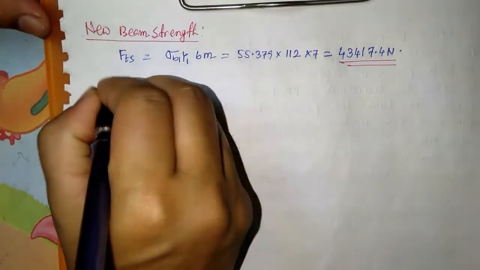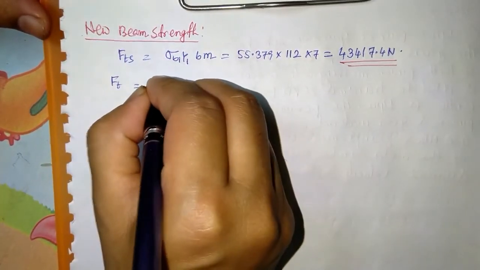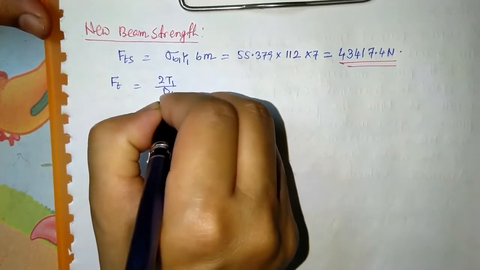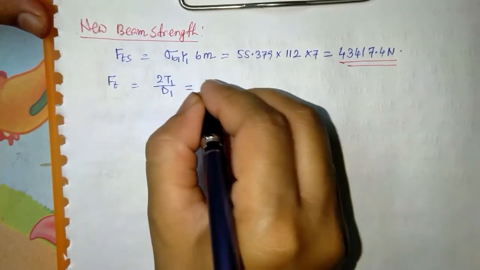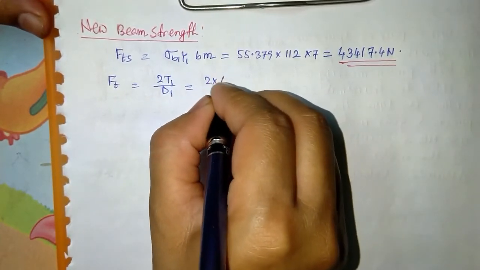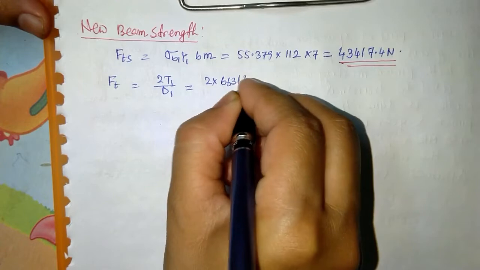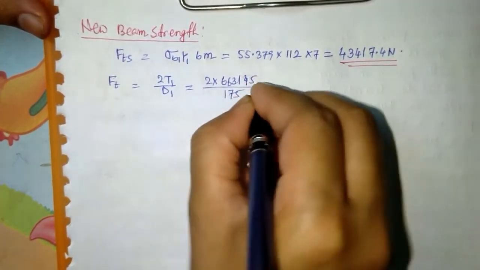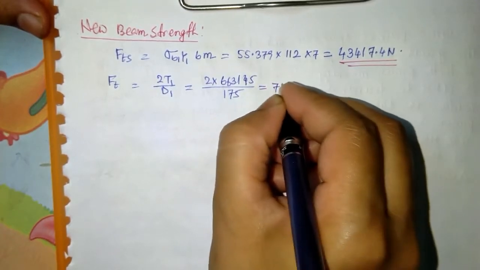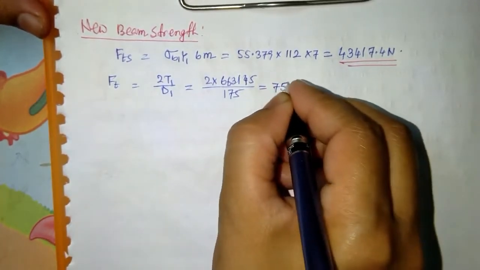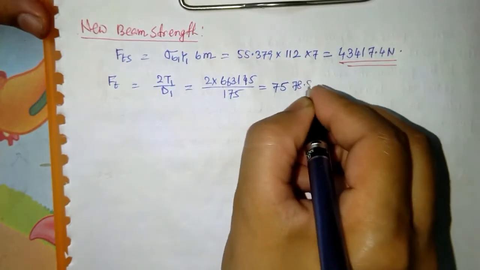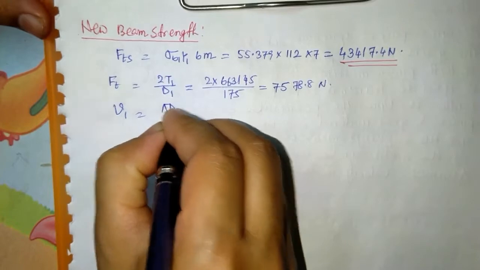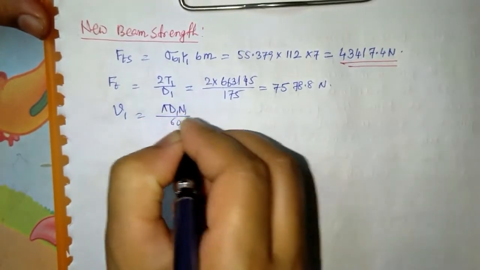So for this, let's find F of t is equal to 2 dt1 by d1. This is our 2 into 663,145 by 175, and this value becomes 7578.8 Newton, and V1 is pi D1 N1 by 60.